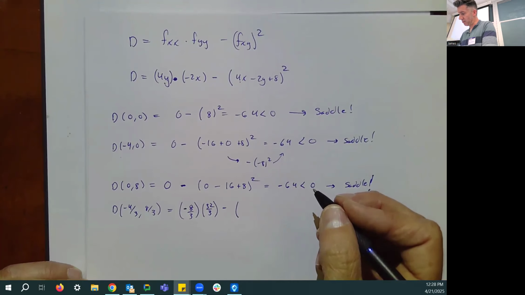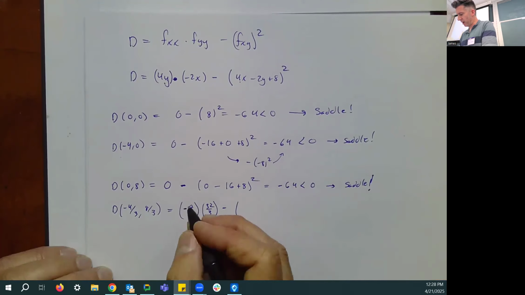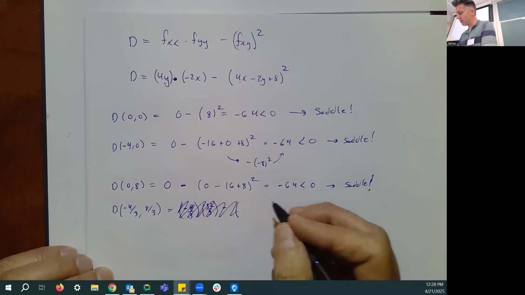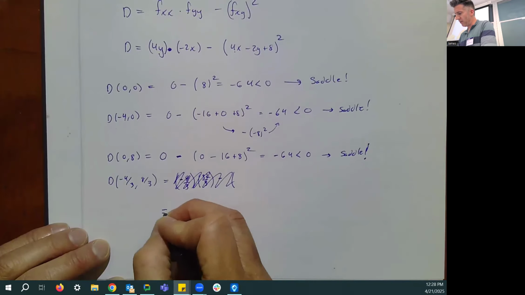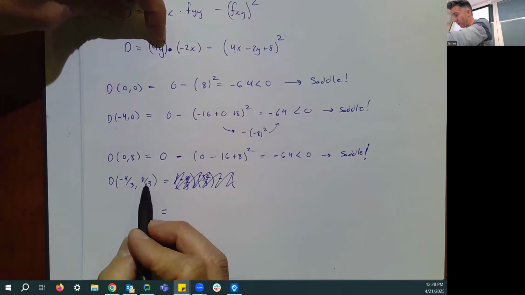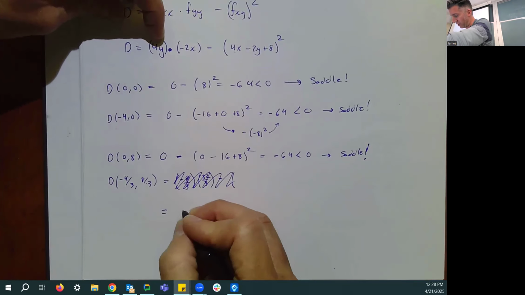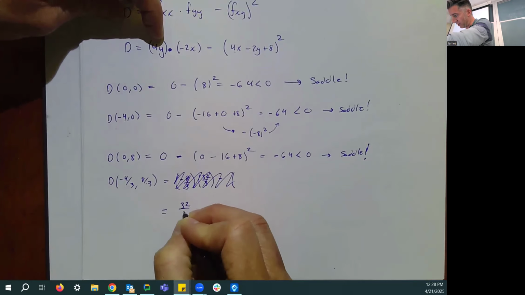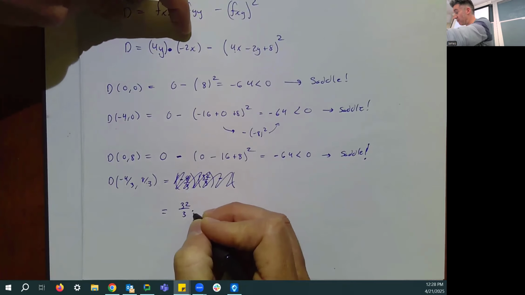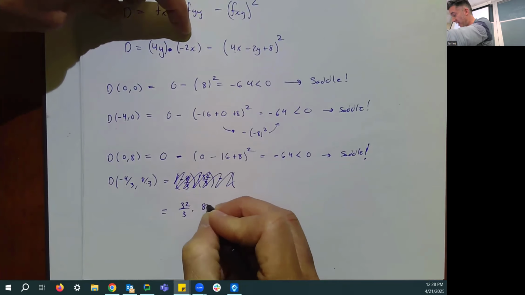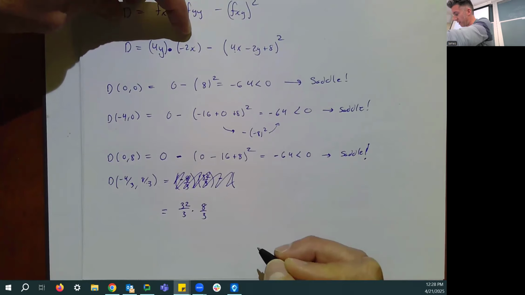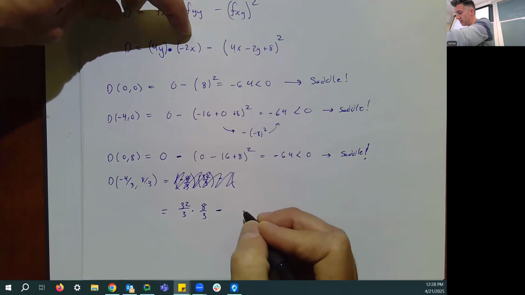I feel like I'm making a mistake somewhere. I'm missing a sign. So let me try again, just to make it a more typical way of doing it. If I plug in the 8/3 for y, I'm getting 32/3. If I plug in the negative 4/3 for x, I'm getting positive 8/3 instead of negative 8/3 which I had before. That looks better.